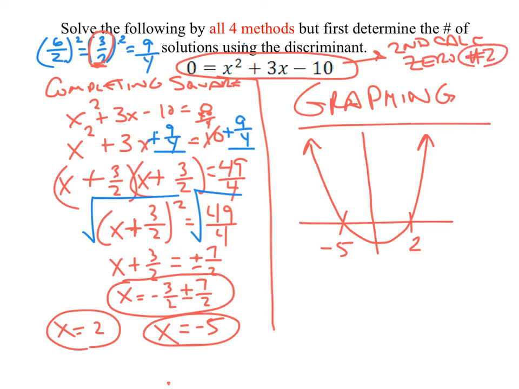And it's going to ask you left bound, right bound, guess. Well, if you remember back last year, left bound, pick a point on the left, right bound, pick a point on the right. Guess, try to get really close, and then the calculator, after you hit enter, will tell you negative 5, 0. Same thing for 2. Left bound, right bound, and guess. We'll make sure that we practice these in class. So obviously, I'm going to get exactly the same roots I got for the others.